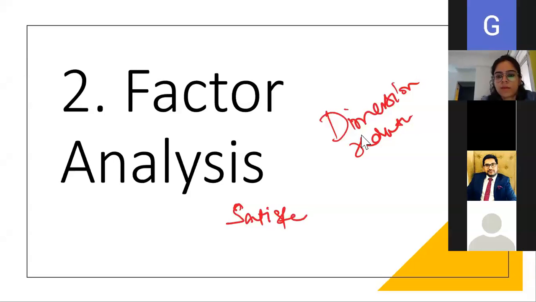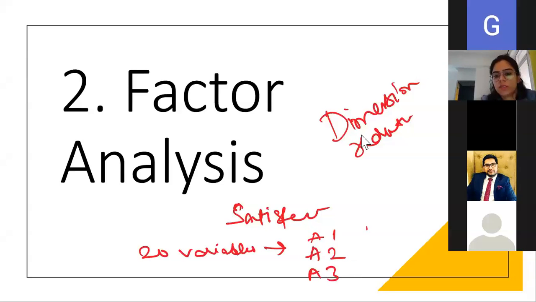I'm saying there are 20 variables that define job satisfaction. So salary be A1, then work culture A2, then A3, A4, A5, and so on. There are 20 variables.